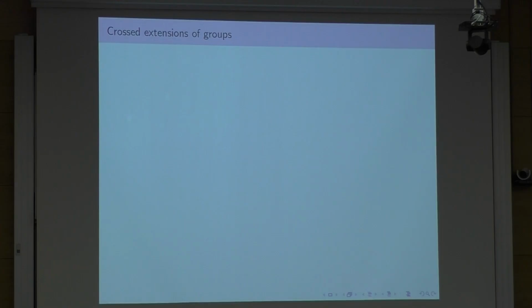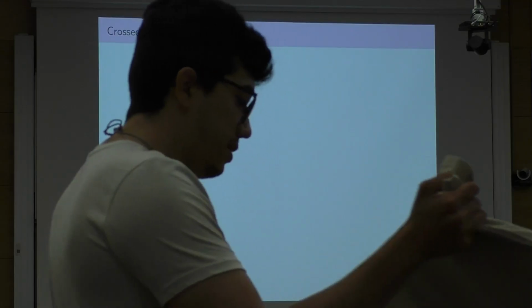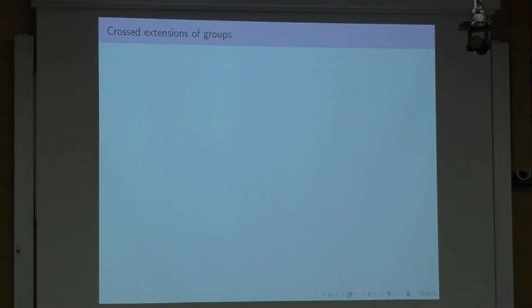But we would like to treat in an analogous way also the case of cohomology of groups. And so we have to move into the context of cross-extensions instead of just extensions. And cohomology groups can be recovered in terms of cross-extensions. It is a known result.